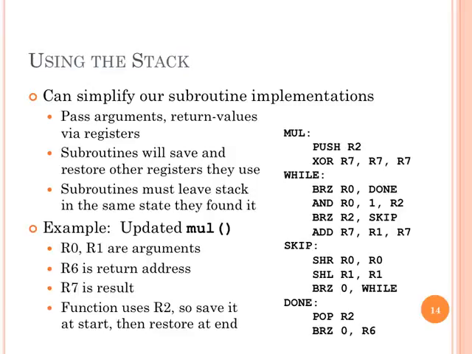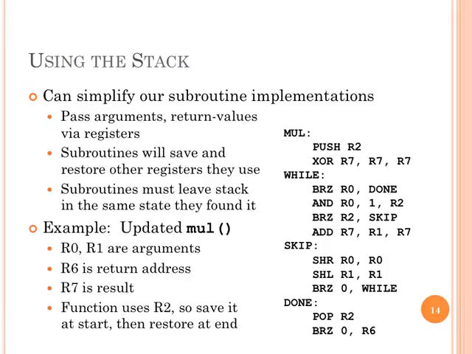Notice I want to use R2, that's where I compute A ampersand 1. So I push R2, I do my stuff. You can see that now we're encoding literal values into instructions, so that's freed up R3 and R4, which used to be 1 and 0. And at the end, when I'm finished, I pop the old value of R2 off of the stack back into the register, and then I go back to whatever address R6 was at.